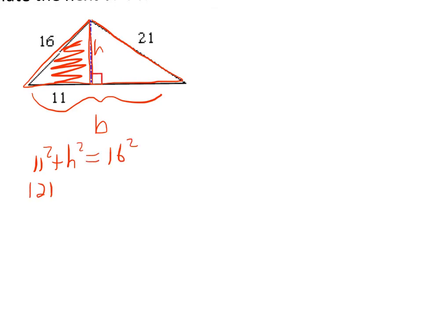So 121 plus h squared equals 256. If I subtract 121 from both sides, I get 135. I square root, and h will be approximately 11.6. And they said to go to one decimal place, or tenths, so that's what I'll take.